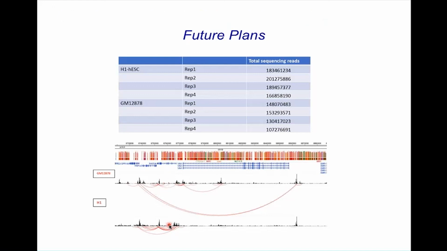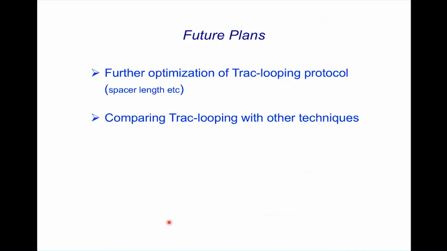In future, with the 4DN support, we want to further optimize the Trac-looping technique. For example, at the moment, for the spacer length of the bivalent linker we tested only 30 base pairs, and because chromatin interactions may show different proximity, different spacer lengths may be required to capture different chromatin interactions.